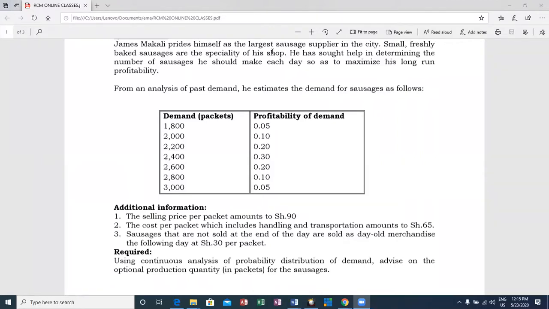Is there someone else who is able to get this figure? Clement has gotten this. So in my normal probability distribution, I've been able to get X bar or U as 2,400. I've been able to get one parameter.